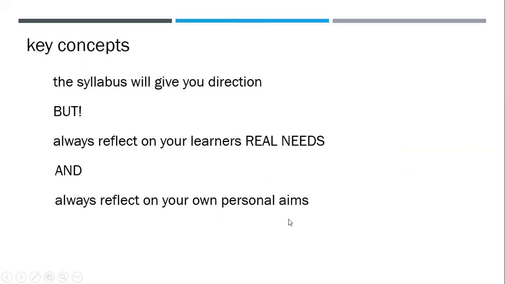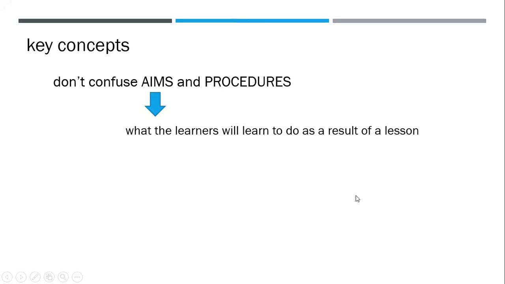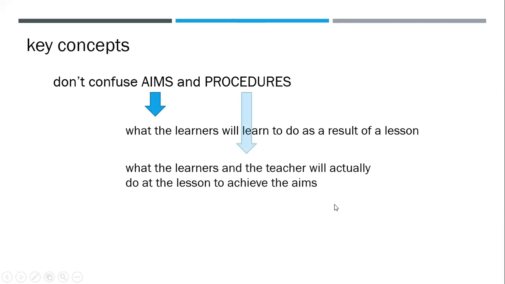And always reflect on your own personal aims. What exactly do you want from your students and how are you going to develop professionally in designing and carrying out this lesson? All right, now don't confuse aims and procedures. Aims are what the learners will learn to do as a result of your lesson. So that is some skill that your students acquire during the lesson, while procedures are the things that learners will actually do at the lesson to achieve these aims.